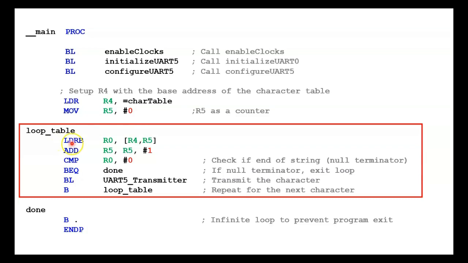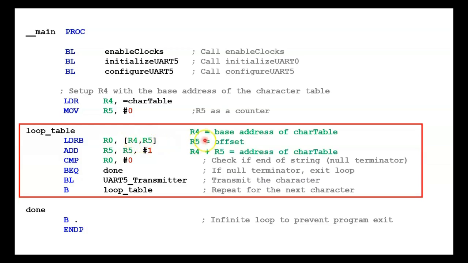So this instruction, LDRB R0, square bracket R4, R5, close square bracket. Now this LDRB is load a single byte. B here stands for byte, 8 bits. So load a single byte from a memory address into R0. Now the memory address is calculated from the contents of R4 and R5.